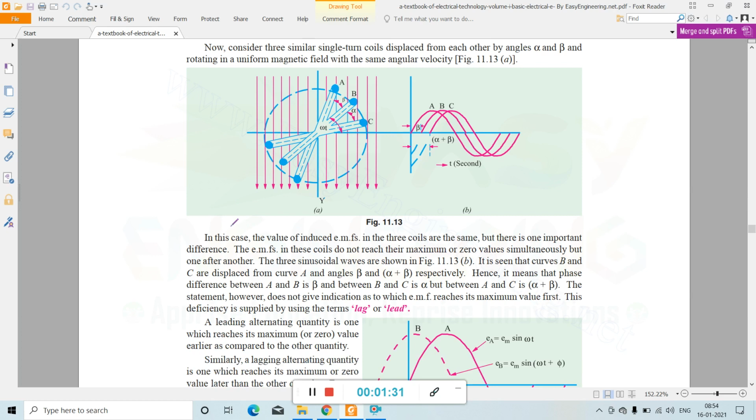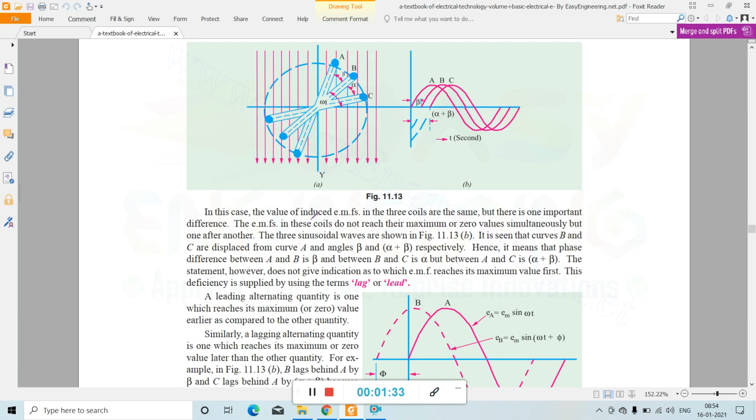A is one coil, B is another coil, C is another coil. A and B are displaced by an angle beta, B and C are displaced by an angle alpha, and A is displaced from the x-axis by an angle omega t.